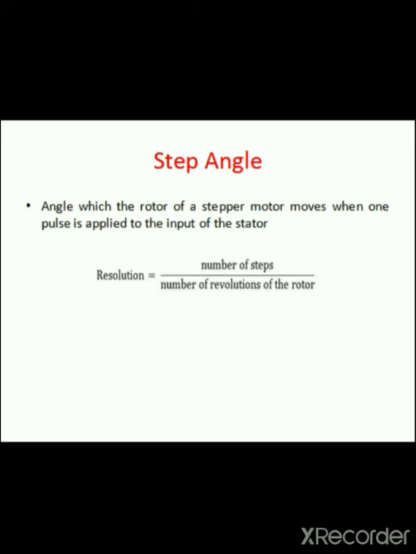The accuracy of positioning of objects by the motor depends on the resolution. Higher the resolution, greater will be the accuracy.